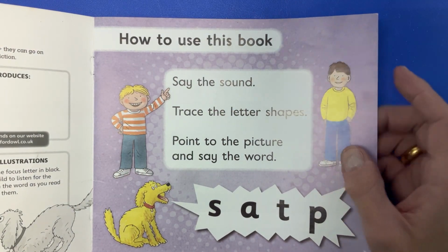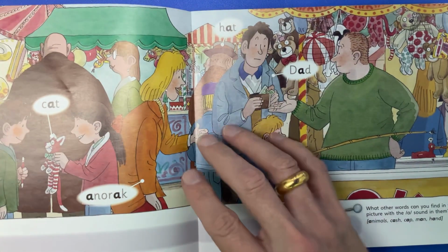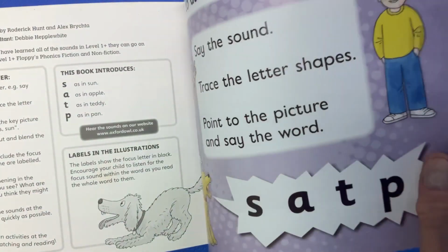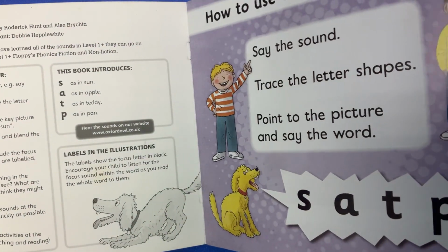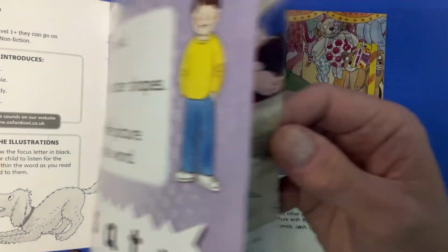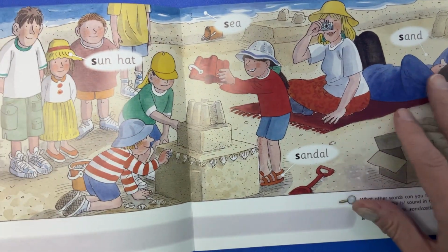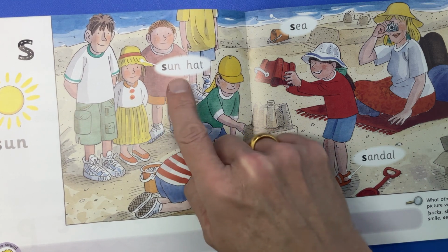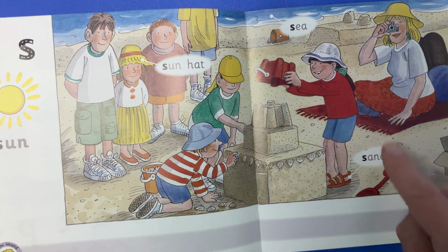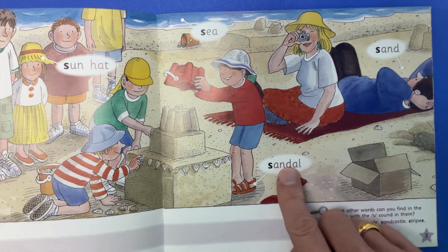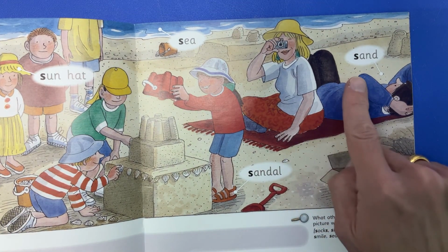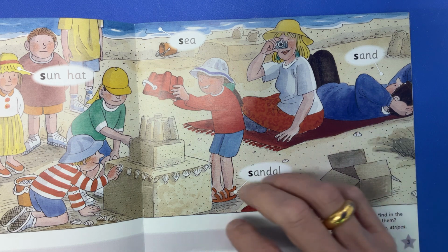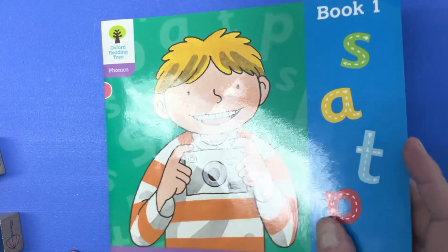They can practice looking at new words, even if they don't know them, but they can see the picture and talk about the picture. So the books are very good for them. For example, sun, hat. And we can practice the different words that start with different letters. So these books are very, very useful.